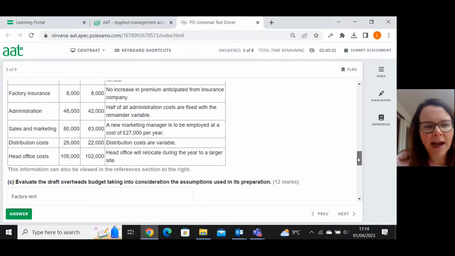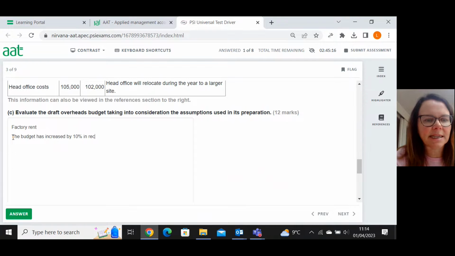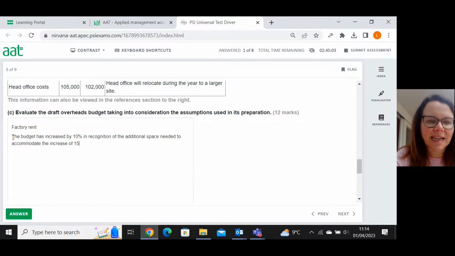So what I have written, I've actually written this out on a piece of paper, which I will attach, but I'll just do the one for the rent. So I've said here, the budget has increased by 10% in recognition of the additional space needed to accommodate the increase of 15% in sales volume.